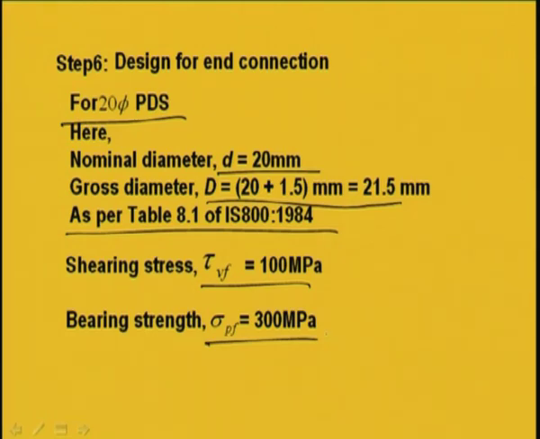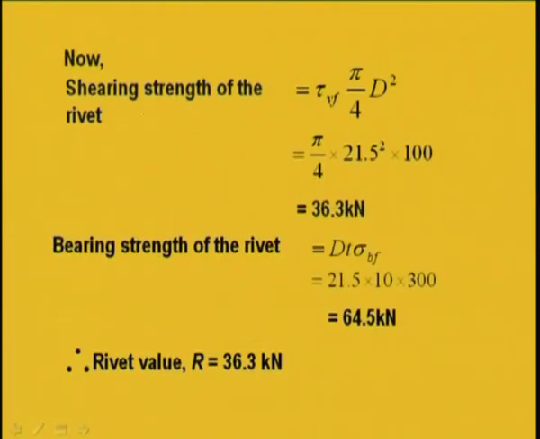Now we have to find out the rivet value. How do we find out rivet value? We know rivet value for shearing will be tau VF into pi by 4 d square. So pi by 4 into tau VF is 100 and d is 21.5. After multiplication we are going to get 36.3 kilonewton.